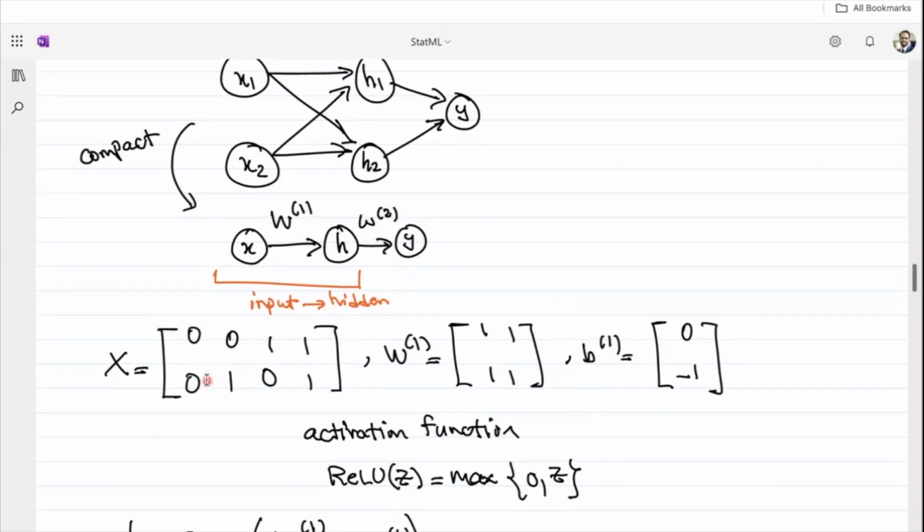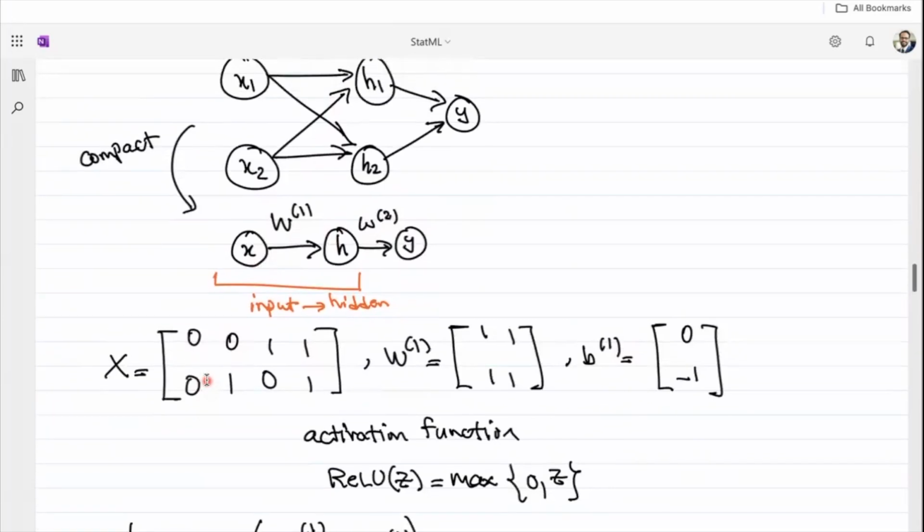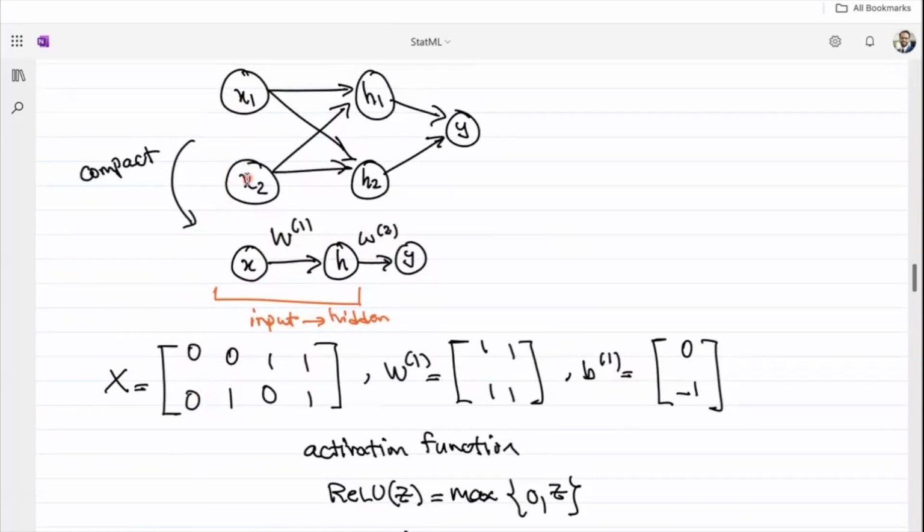So if you want to use the same notation as we used before, we need to put all these inputs together. Remember, we have 4 inputs here, and each one has 2 dimensions. The way that we did before was that each data point is placed in one column, right? So we have 0 and 0 for data point 1, 0 and 1, 1 and 0, 1 and 1.